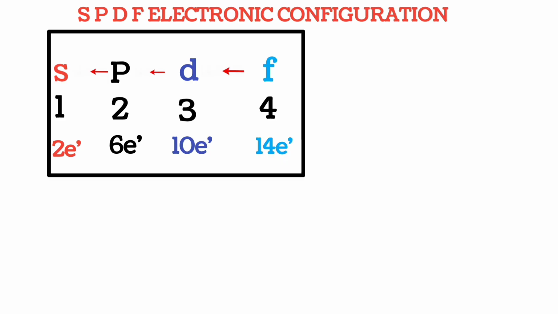Guys, now listen attentively because this is where the trick comes in. Let's go back to our rectangle. In our rectangle above, we have 4 atomic orbitals: the s, the p, the d, and the f orbitals. Let's start with the first orbital, which is the s orbital.